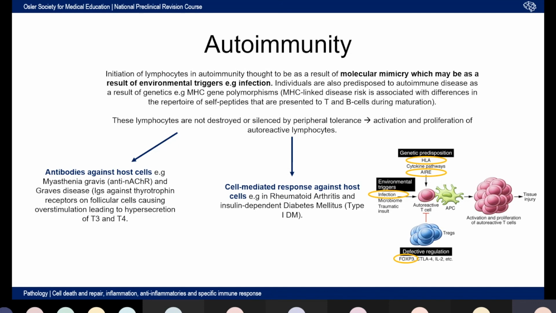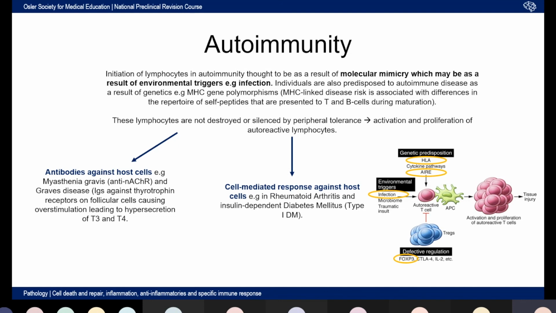And the last one is defective regulation. FOXP3, which we talked about just now, if that's mutated, it means that Tregs aren't being initiated, and if Tregs aren't being initiated, then there's no peripheral tolerance. And that leads to these sets of autoreactive lymphocytes, and they can do one of two things.